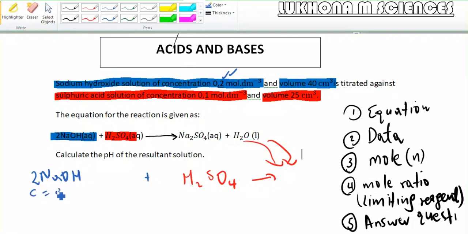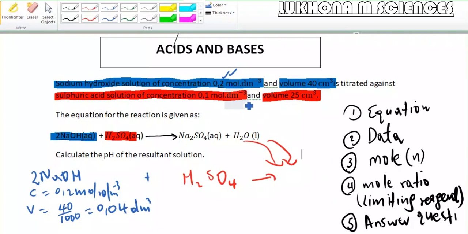So we have the sodium hydroxide, which is 0,2 moles per dm cube. Then we're also given the volume. The volume is 40, then we change it to dm cubes. It should be 0,04 dm cube.